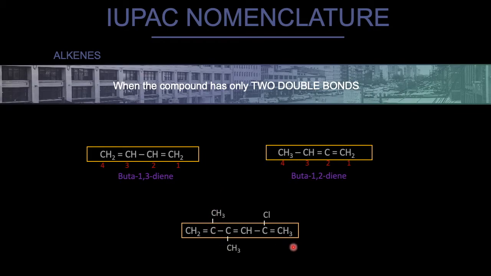So this time the numbering in this direction would give the higher value to the substituents. So we will choose numbering from this direction only. And now to write the name, this one is 5-chloro-2,3-dimethylhexa-1,3,5-triene.